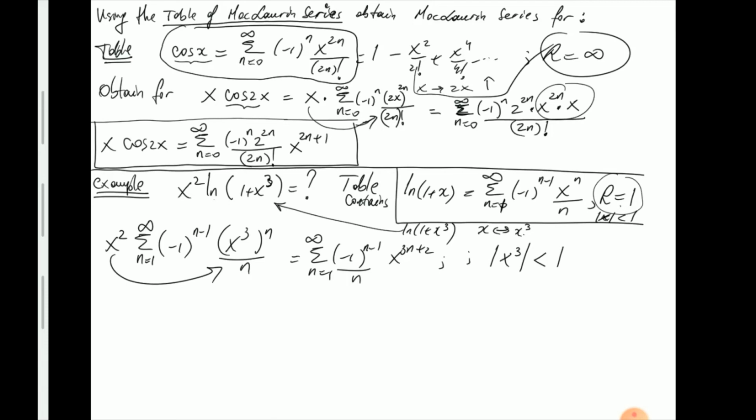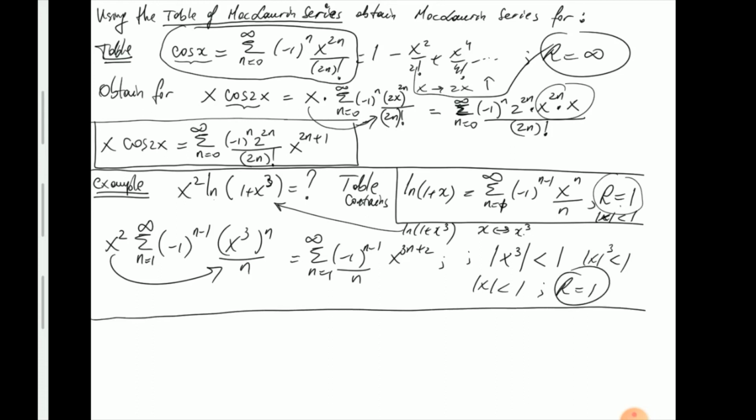So whatever you plug in for x into the MacLaurin series in the table must be within the same interval of convergence, between those values, 1 and minus 1 in this case. Now here, because the absolute value of x to the power 3 is the absolute value of x cubed, we can take the cube root, and as it happens, the radius of convergence ends up being the same.